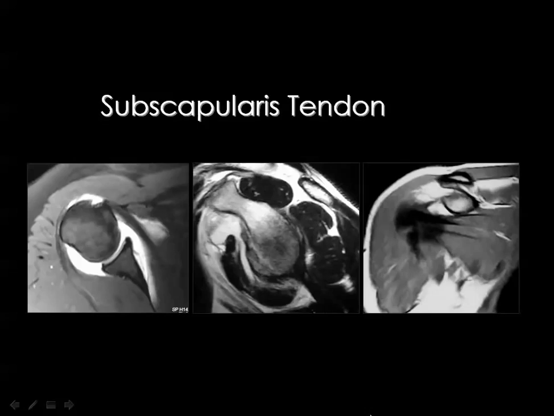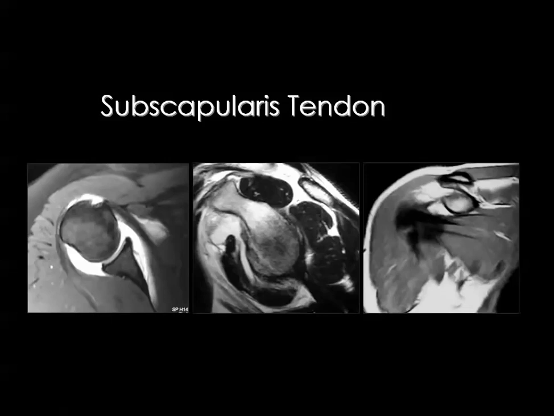We came to the subscapularis, and the subscapularis tendon is best appreciated in the axial images, and it is always stretched between the muscle and the lesser tuberosity. And also you remember the subscapularis tendon is seen in the coronal images whenever you identify the coracoid process and the tendon is broad, it will insert into the lesser tuberosity.